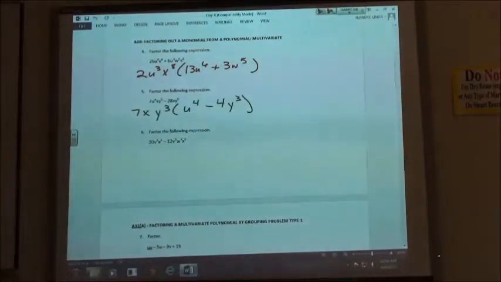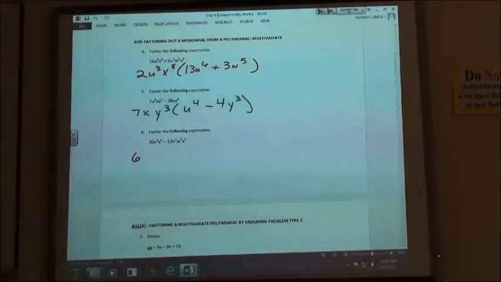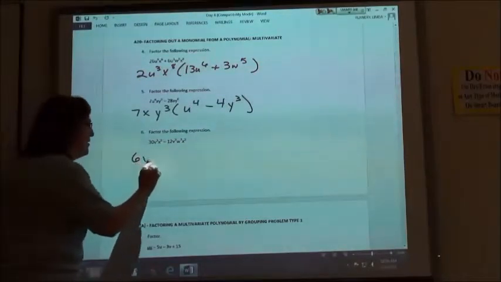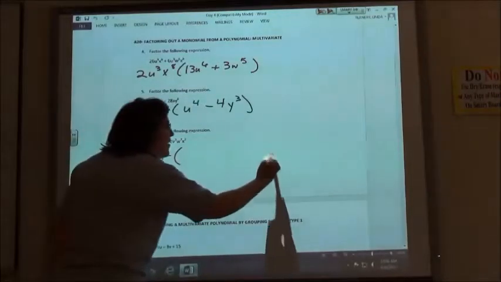And number 6, if I take out my greatest common factor there, my greatest common factor of 30 and 12 is 6. And with my variables, I can take out b to the third and x squared.